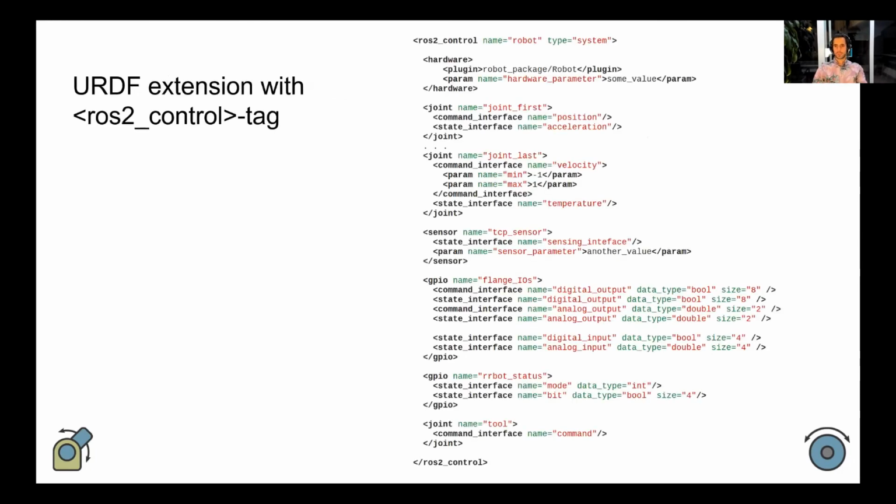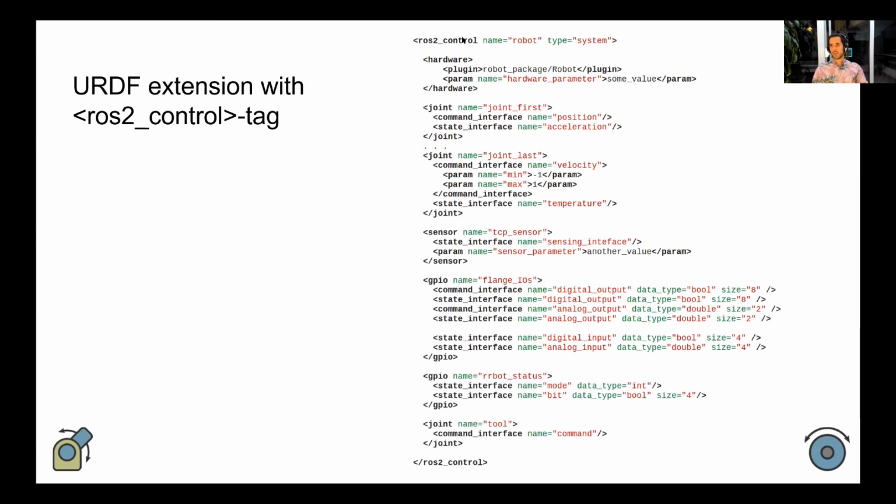So, I explained that we now have plugins everywhere. The question is how to describe this for ROS2 control. We need some kind of standardized structure, and we came up with a URDF extension. Basically, we introduced the ros2_control tag, which you would write for your robot. This is a very simple example.